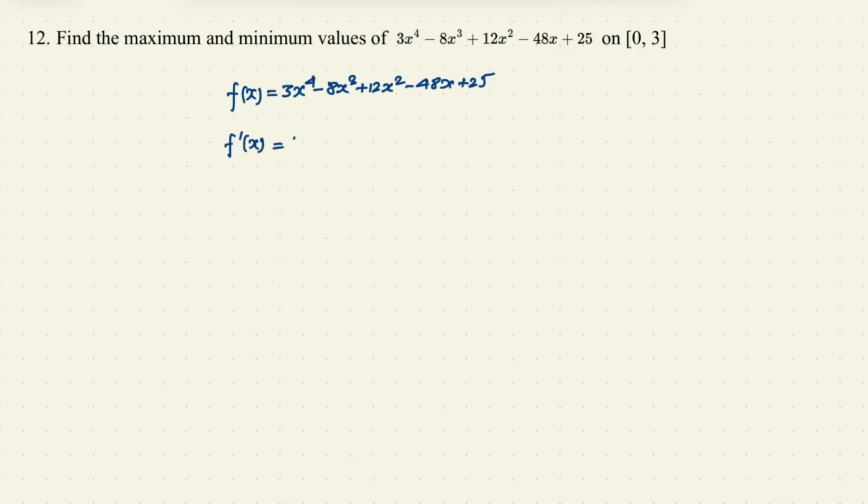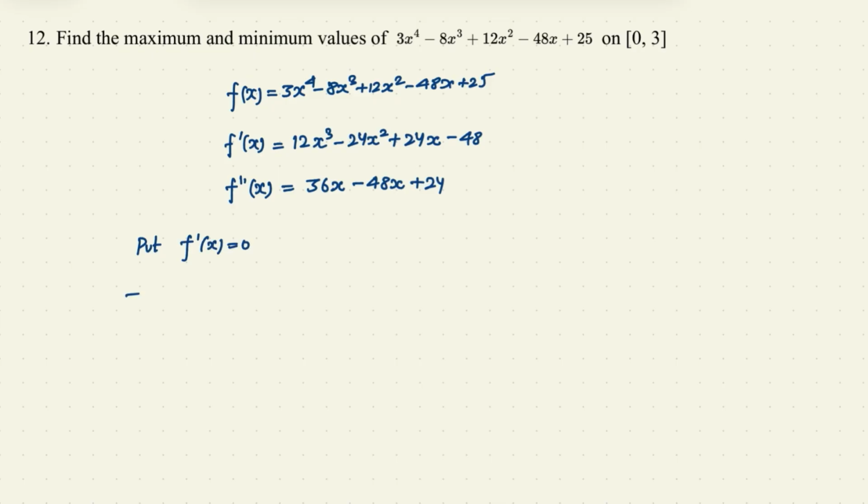Then I'll have 12x cube minus 24x square plus 24x minus 48, and let us again differentiate. Then we will get 36x square minus 48x plus 24. Now in order to find the critical point, let us put f dash of x equals 0.